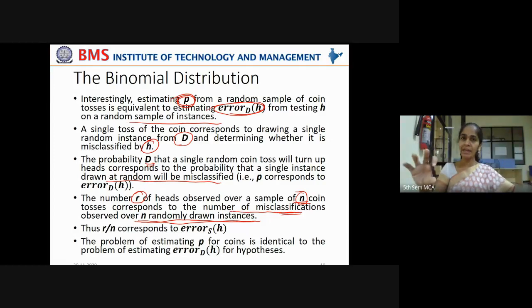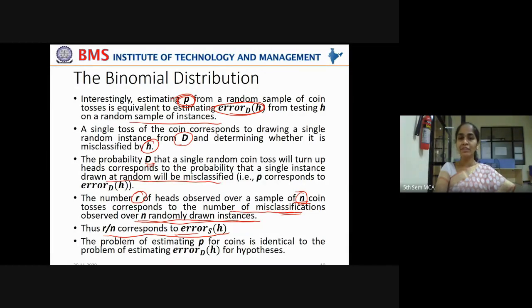Now if you take n predictions made, out of which R are wrong predictions, then the error is R by n. Did you get it? Thus, R by n corresponds to the sample error. Sample error is nothing but R wrong predictions out of n total predictions made.